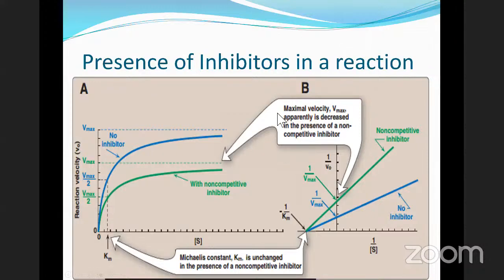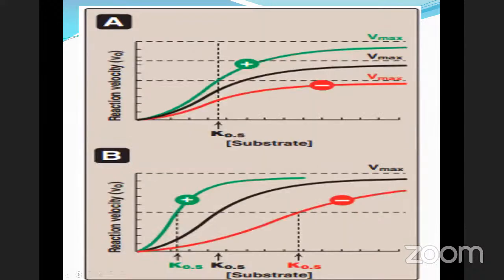Okay. In the exam, no matter how they twist it, you have to know the relationship of the four and its relation to competitive and non-competitive inhibitions. Okay. So this would be your feedback mechanism for your substrate.